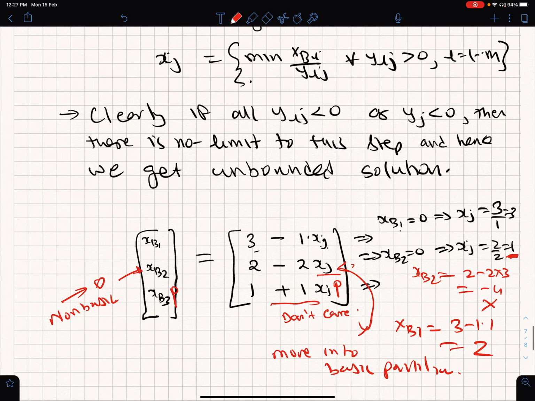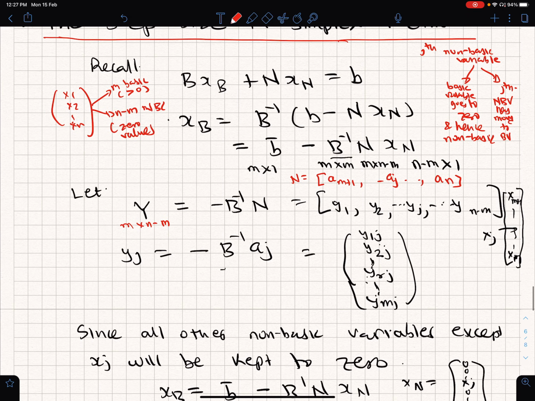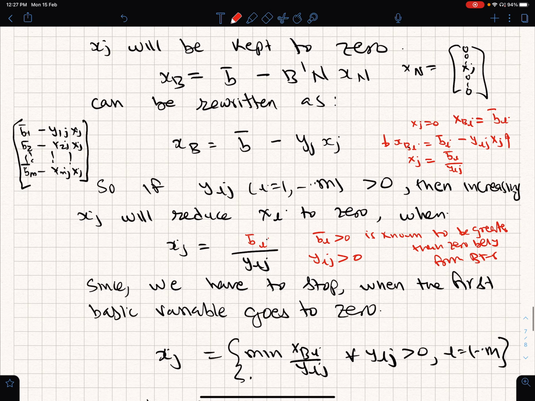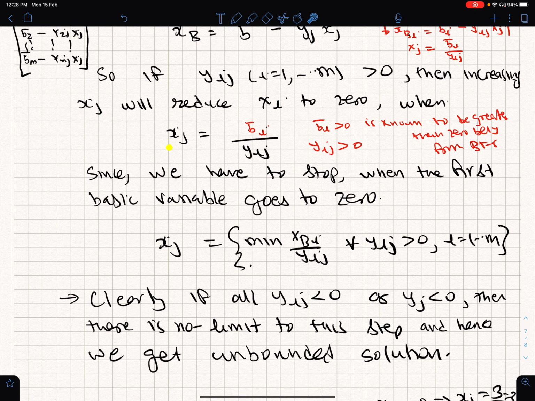So therefore, what I have to do is look at all bi bar by yij's where yij is greater than 0, bi bar is known already, and those will give me different candidate values for xj.